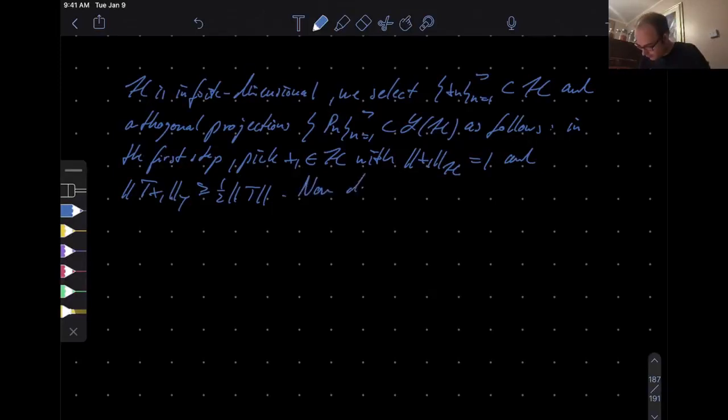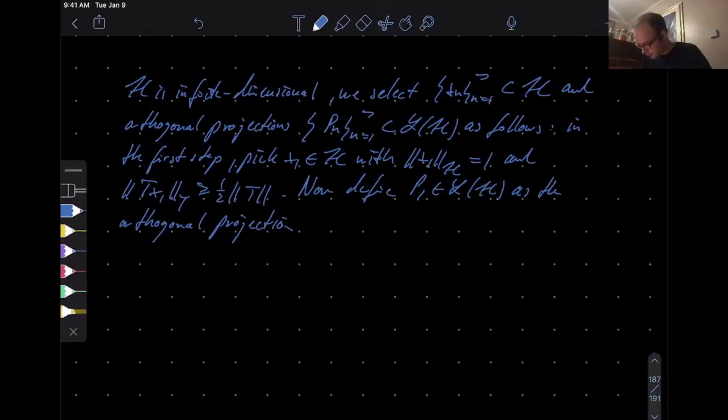Now define the first projection, P1 on H, as the orthogonal projection onto the span of x1. That is known from linear algebra.